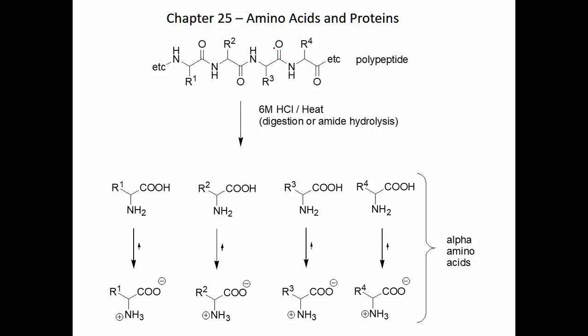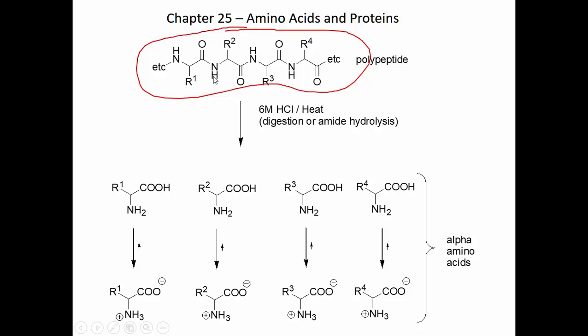we have an example of a protein or a polypeptide molecule. If you performed a classic amide hydrolysis on this, you would cleave all of the carbon-nitrogen bonds that are parts of amides, like right here, right here, right here, and those would convert to a carboxylic acid and an amine.